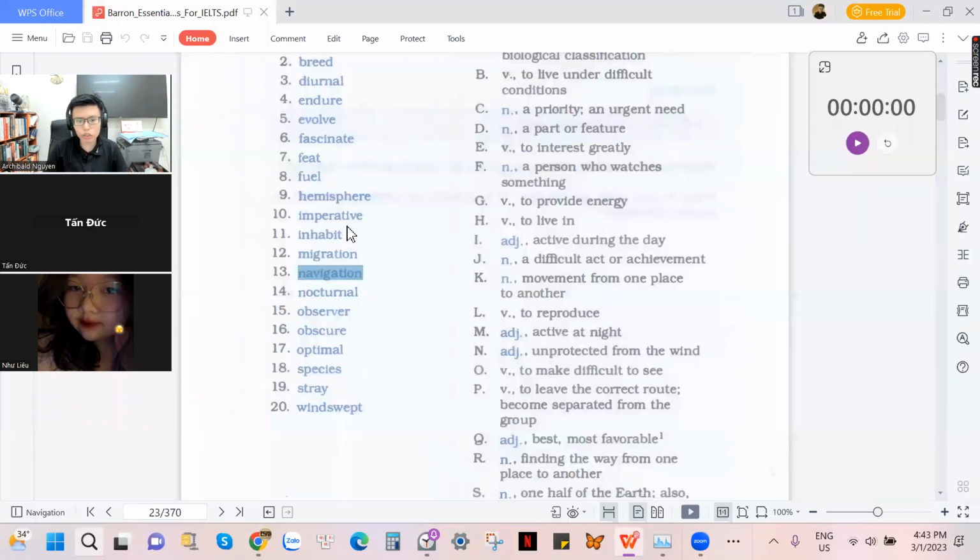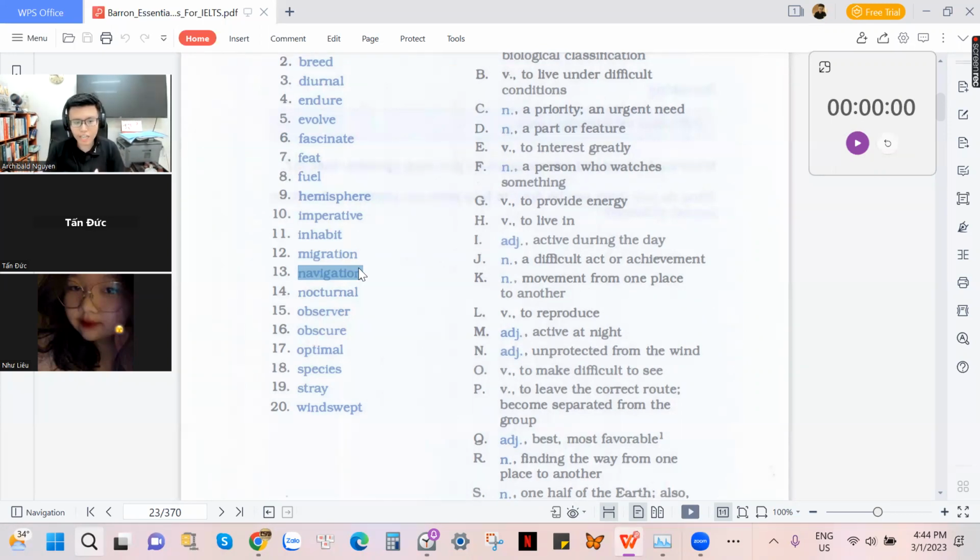So let's get back to the lesson. Navigation, navigate. On the phone, these days, we have the best app for navigation. Navigation is a kind of app on your phone for you to find your husband, your wife, your lover, your partner, or your friend, because you want to control him or her.